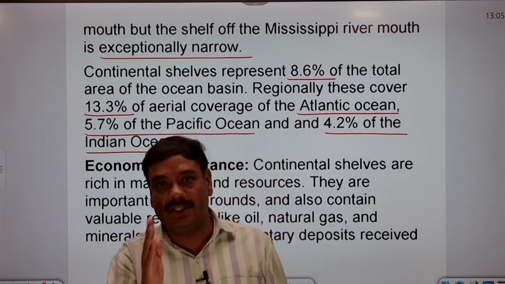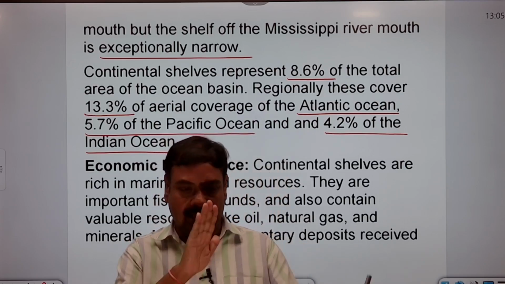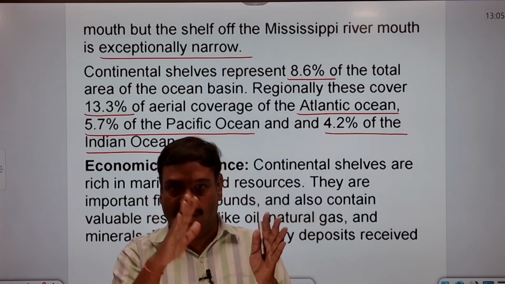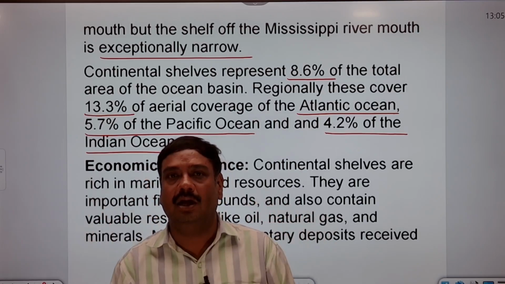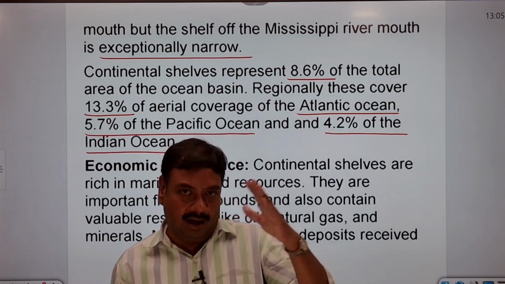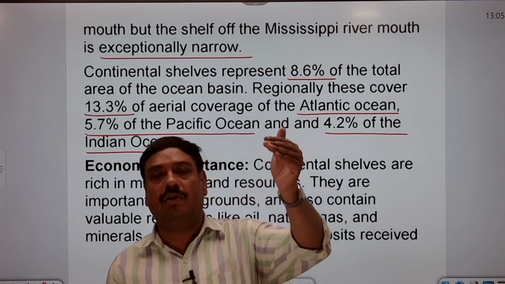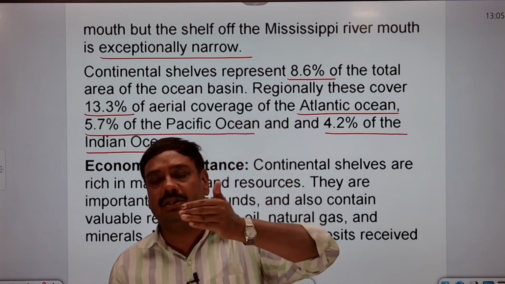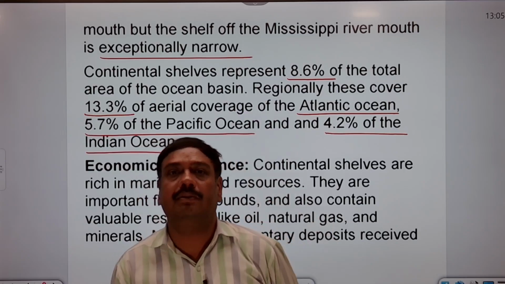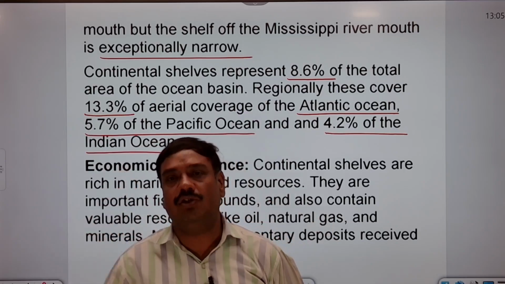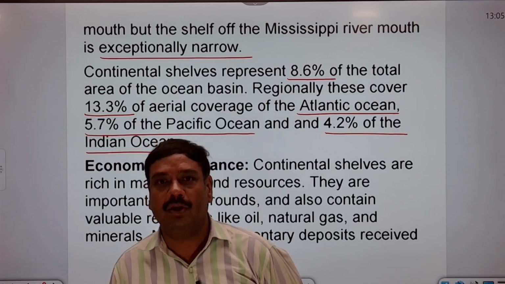And along the coast of Australia, along the coast of Japan and other island countries in the northern hemisphere, it is the western margin of the Pacific Ocean. Got it?